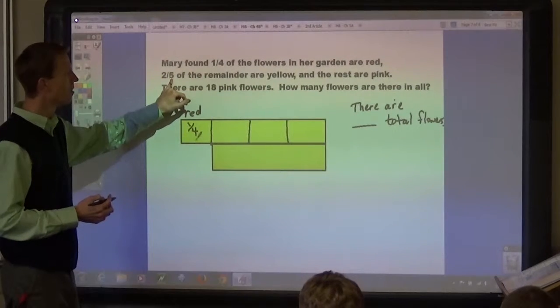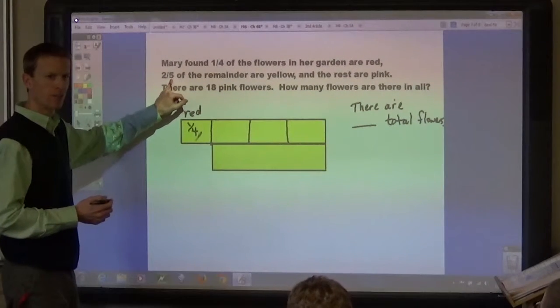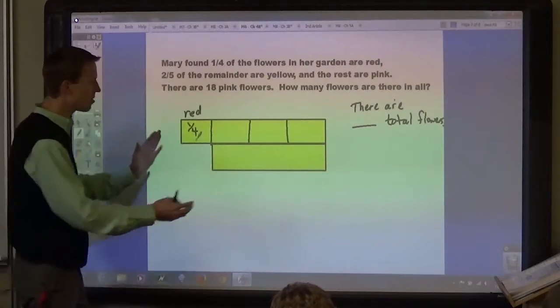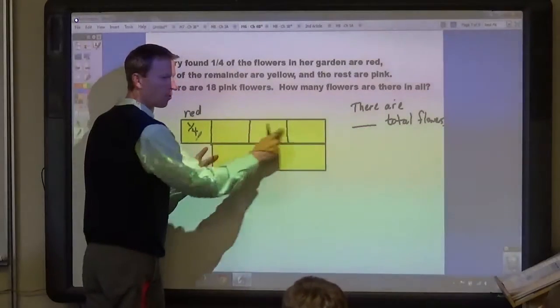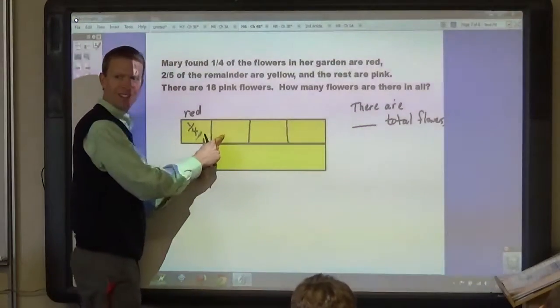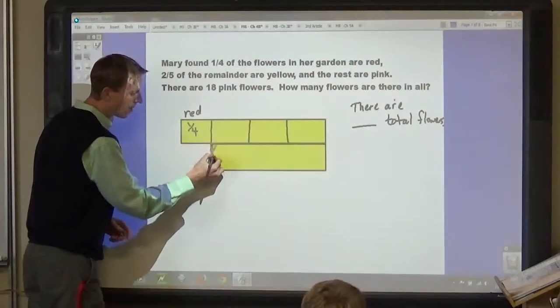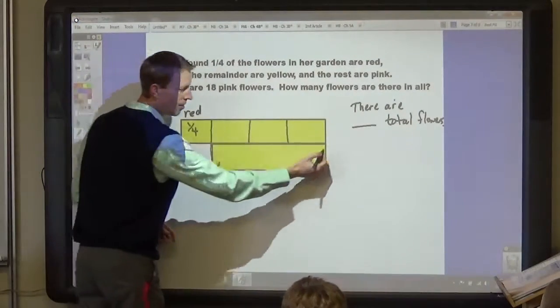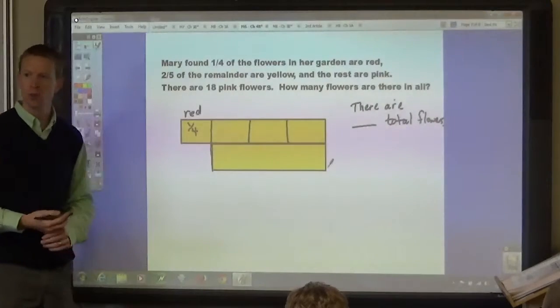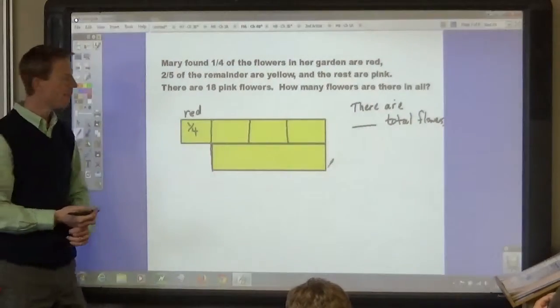2/5 of the remainder. Is this the remaining flowers? These 3/4? Yeah. So I drew another box under that we can cut into what? Fifths.